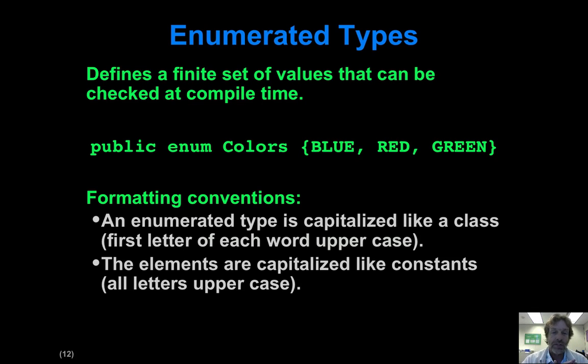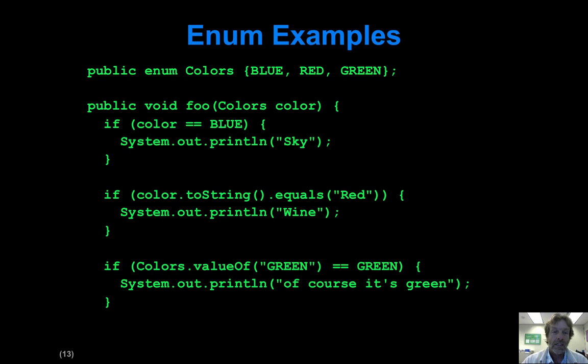So here's an example of declaring it. The standard in Java is that the enumerated type is capitalized in exactly the same way as a class is, but the elements are capitalized like constants, so they're all uppercase. Here's an example of an enumerated type Colors and some sample code that shows how you can fool around with it.